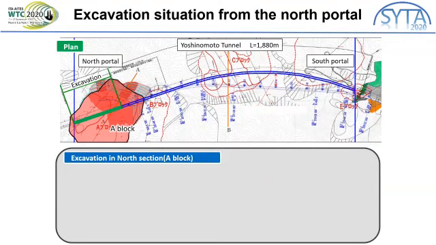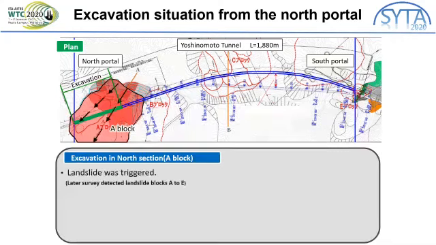In the initial plan, it was confirmed that there was a small landslide block on the north portal side. However, when excavation started, a large landslide was induced at the location indicated as Block A in the figure.